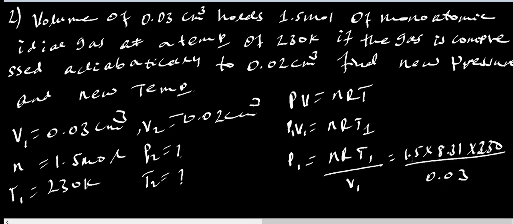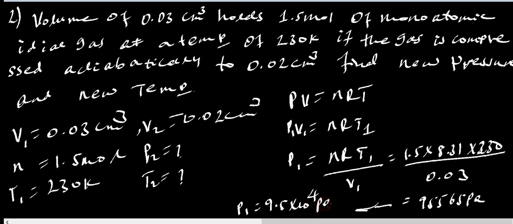Dividing this, we get 95565 Pascal. So P1 equals 9.5 times 10 to the power of 4 Pascal. This is P1.